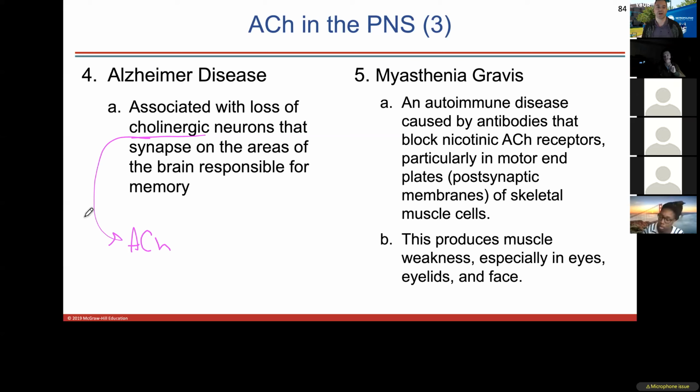Myasthenia gravis. This one's an autoimmune condition. And the antibodies basically attack those nicotinic receptors. Okay, blocks them. And this is what can lead to some pretty significant weakness in facial muscles. Okay. And that's where you see it primarily being affected.